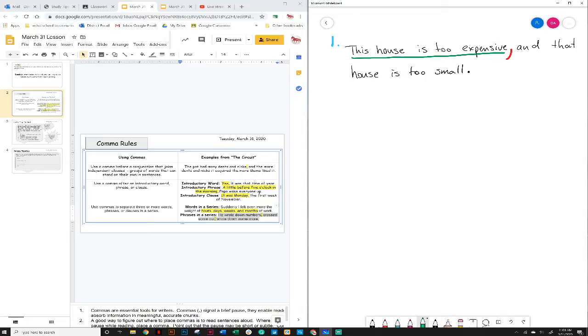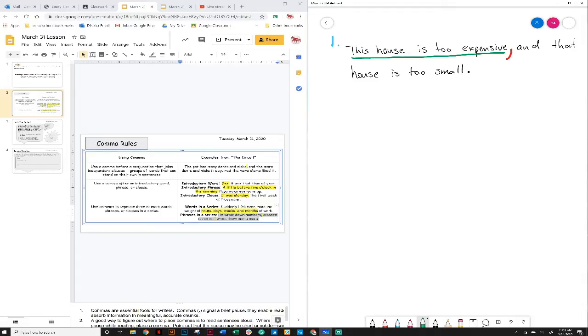Because if you take away the rest, right? If you take that away, this house is too expensive. If we put a period, yep, that makes sense as a standalone sentence. Let's do the same thing over here. You take away that part. Let's look at this second part. That house is too small. That makes sense. That is a complete thought because it has a subject and a verb.